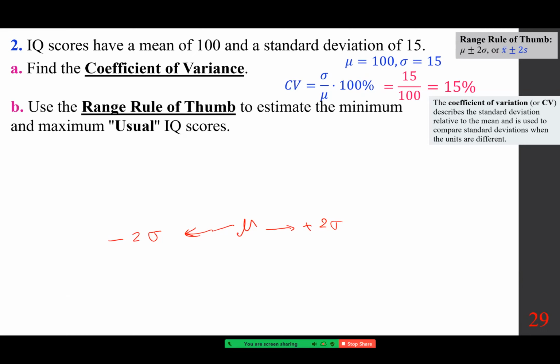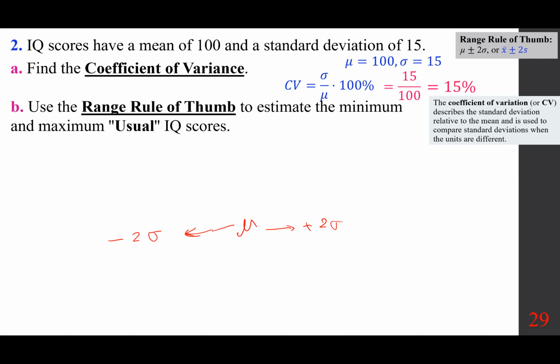The reason being because when we use normal distribution or empirical rule, which is bell-shaped, when we go 2 standard deviations on each side, it will cover about 95% of the data, and that is good enough for most everybody. That's why it's called the range rule of thumb.